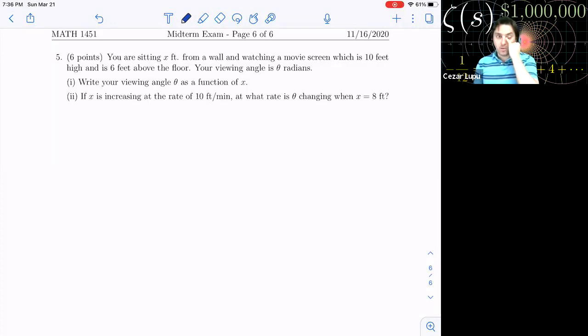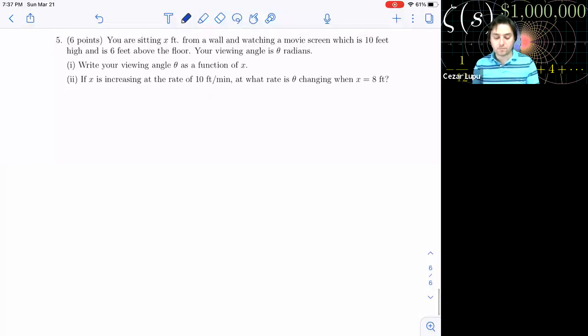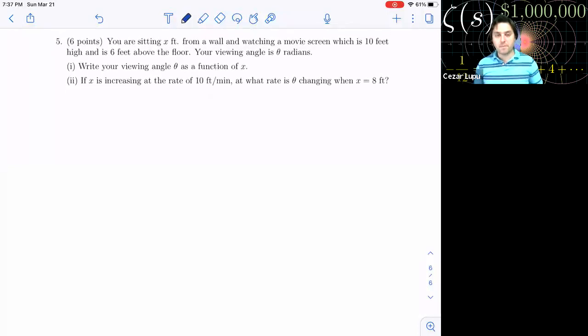All right, so I want you to read the problem again to try to visualize it, and think about it for a couple of minutes.